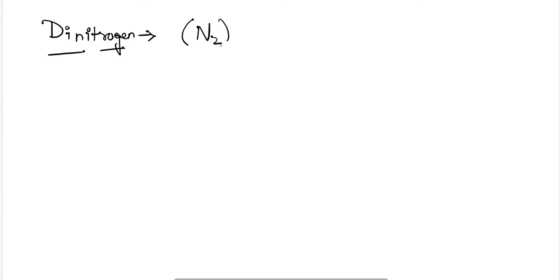It was discovered by Daniel Rutherford, and the electronic configuration of nitrogen is 1s2, 2s2 and 2p3. It is a diatomic molecule, and the bonding is triple bonded.